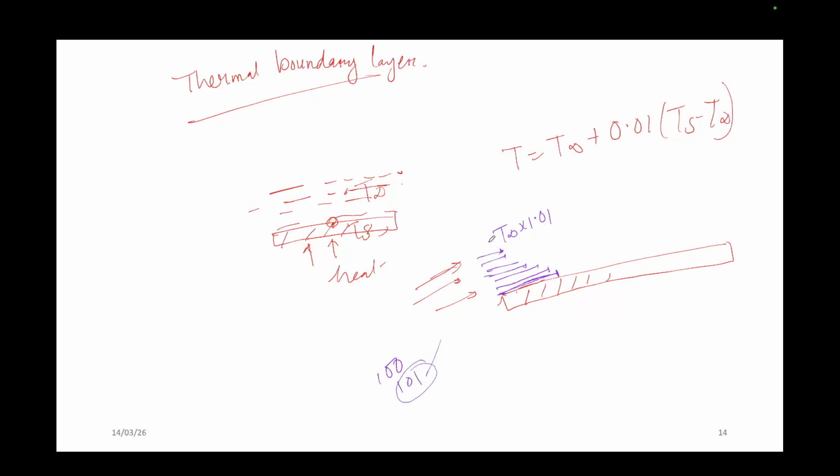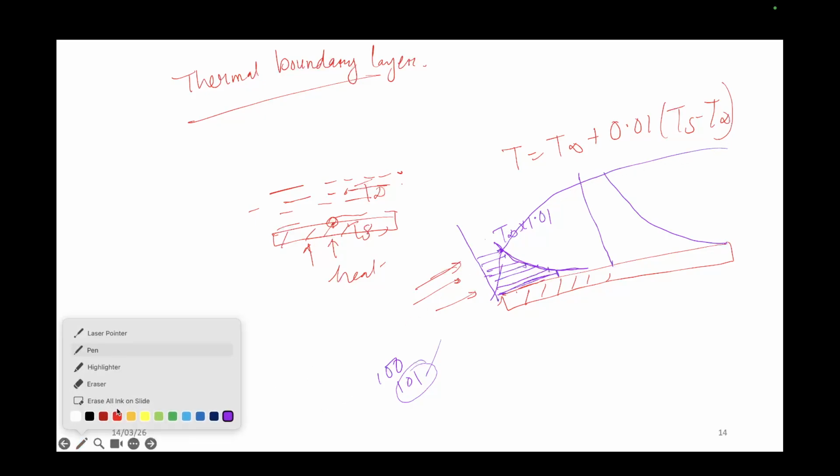Okay. So if you plot a curve, it should look like this, right? Similarly, here also, if you plot a curve, it should come out that way. So at this point, if you connect all these points, you will get a curve. This curve is known as the thermal boundary layer.